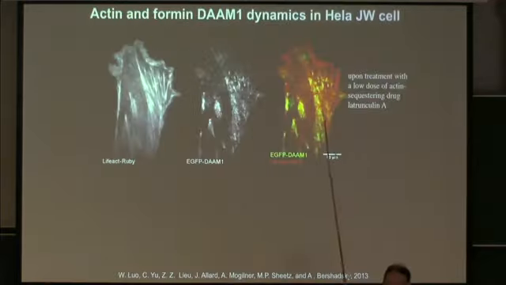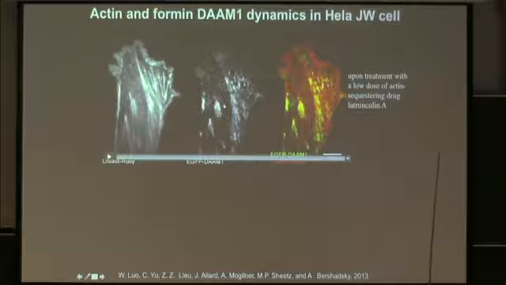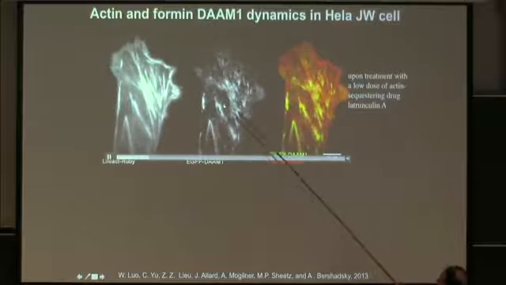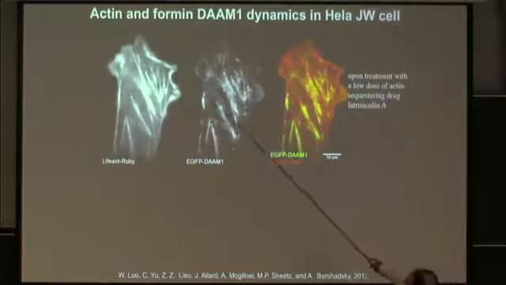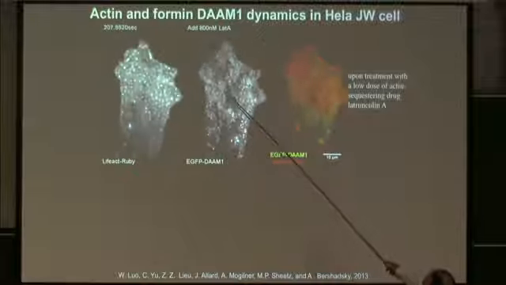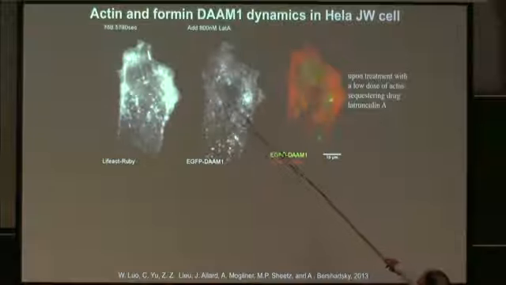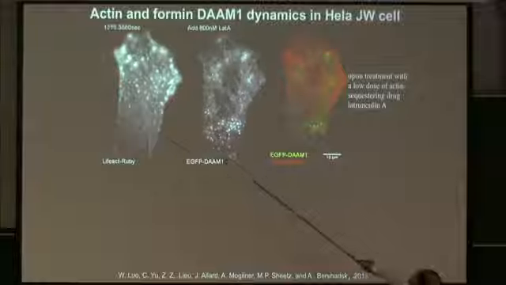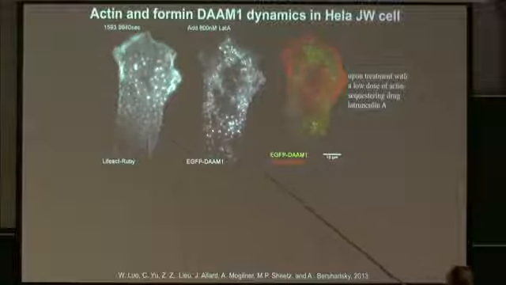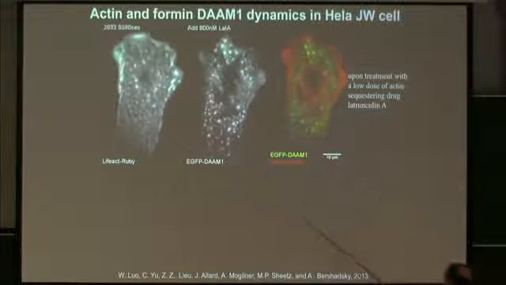Interestingly, in addition to actin and myosin, there is a formin, which I mentioned already. This formin is called DAAM1, one of the members of the formin family, and it can be found in these patches. Again, we visualize it with latrunculin treatment, and you see numerous patches which contain both actin and DAAM1 formin.